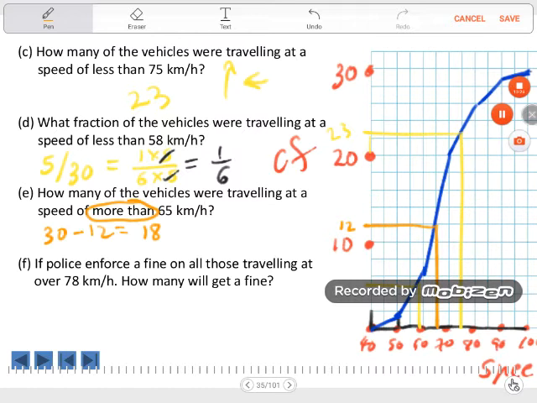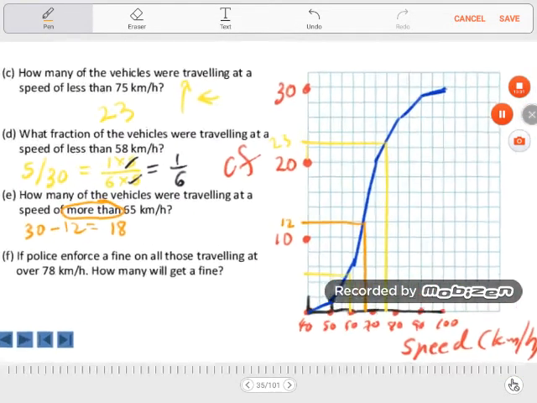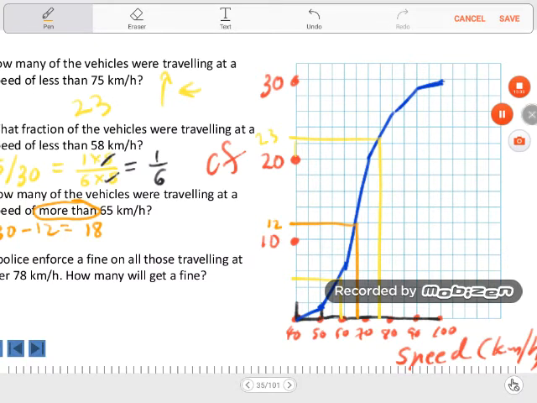Okay, so police are going to enforce a fine on all those travelling at over 78 kilometres per hour. Okay, so 78 kilometres per hour. Let's go and find that. And here it is, about there, roughly. And across.